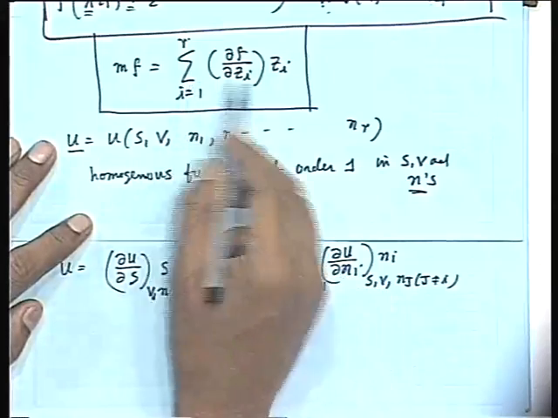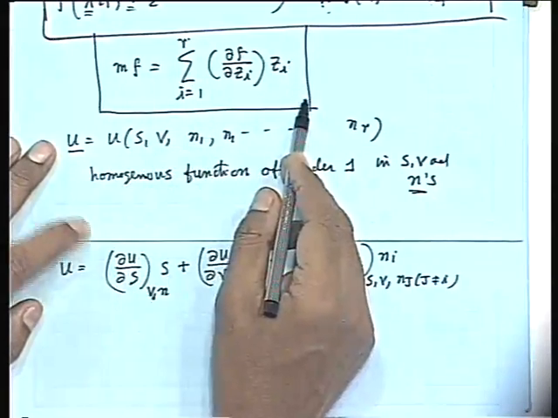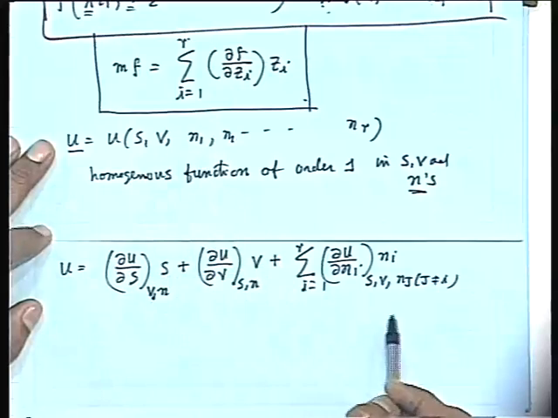That means we have used Euler's theorem, with m equal to 1 in this case.